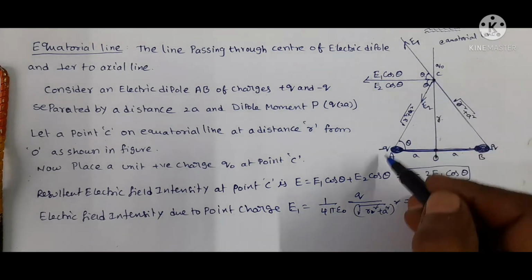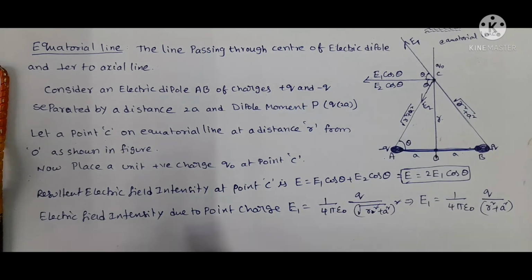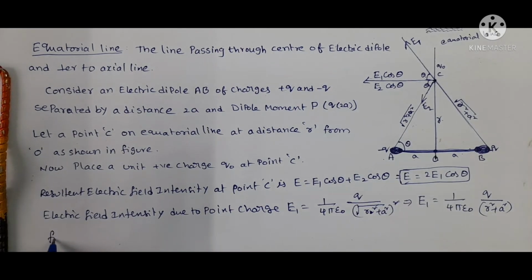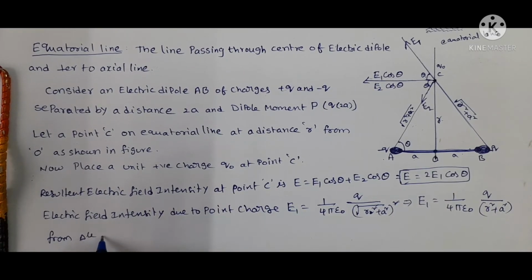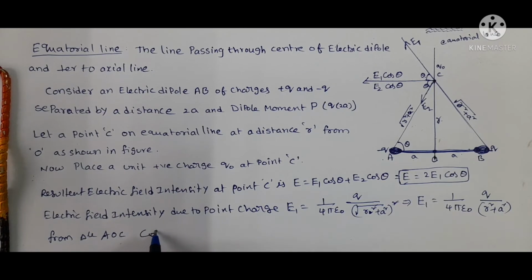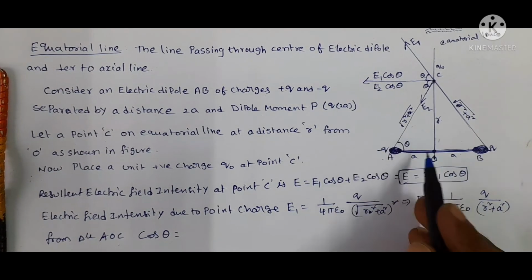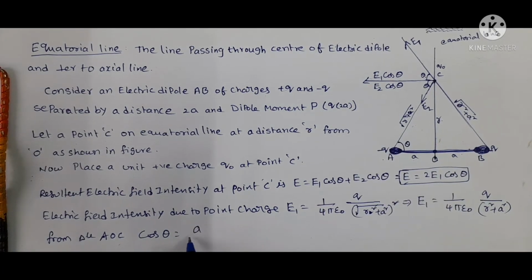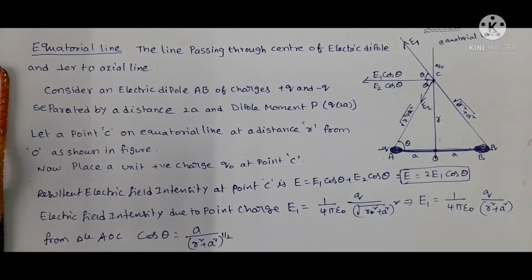Now from this diagram, triangle AOC, you can find the cos theta also. Cos theta is equal to adjacent side by hypotenuse. The adjacent side here is A, and the hypotenuse is this one, R square plus A square whole power 1 by 2. This is the value of cos theta.